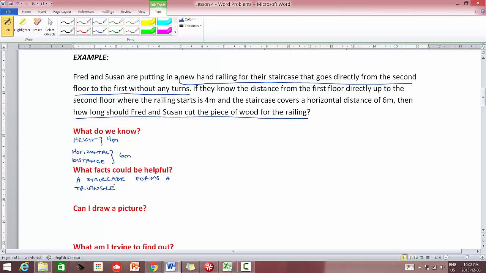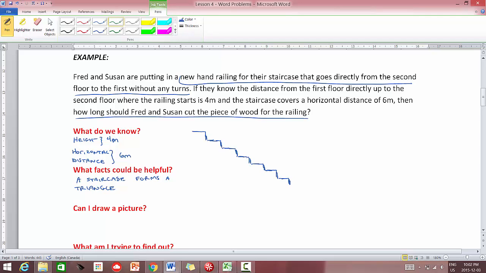And can I draw a picture? Absolutely. So if this is the top of your stairs, you have a staircase that goes all the way down. However creative or perfect you want it to be, that's up to you.